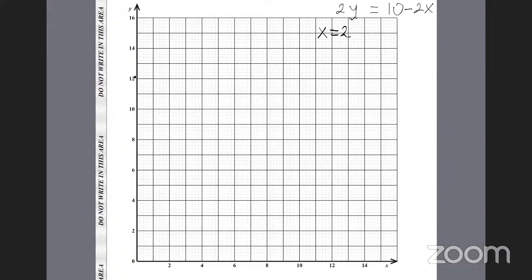For those who are in trouble, pick x is 2 and x is 4. So when we compare, we should get the same values. Solve for y. Take your time. I want to pass around and watch those who are here, and see that you're putting your line in. Right, do the next one. Take your time. I want to see these.